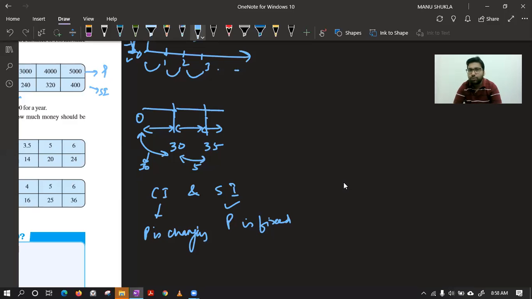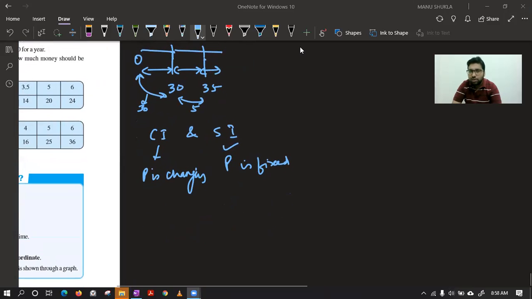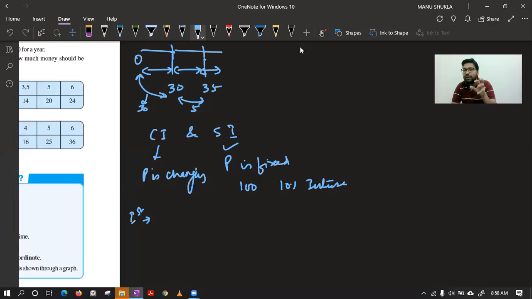Suppose you have 100 rupees. If you have 100 rupees and there is a 10% interest, what will happen? At the end of first year, class, tell me, what will be the CI?